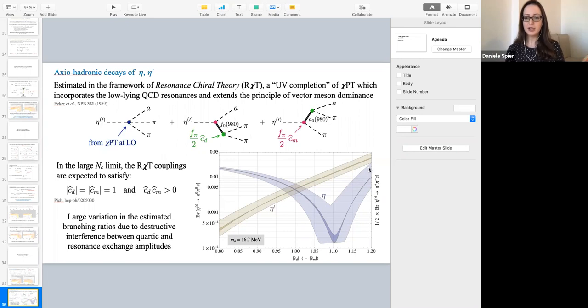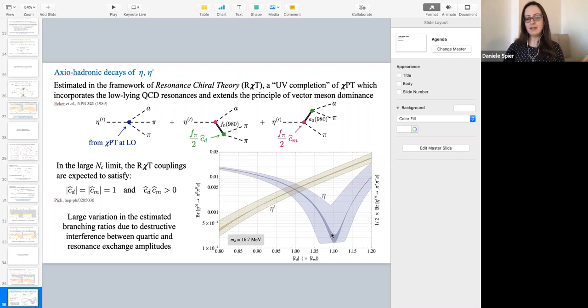This is the prediction for the branching ratios of eta to pi a as a function of these couplings in this framework of resonance chiral theory, in particular the couplings to f0 and a0. And again, this is the usual frustrating thing about this, which is the prediction varies by 2 orders of magnitude. It could be in this range as large as a few percent and as small as 10 to the minus 4, okay?